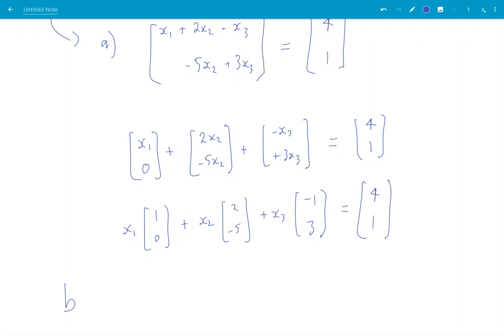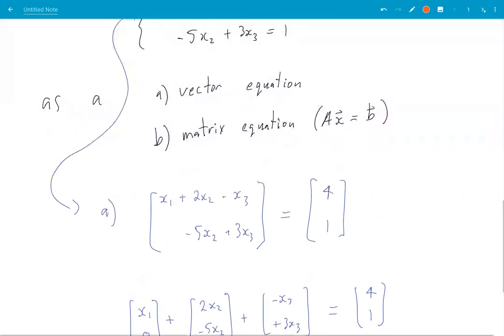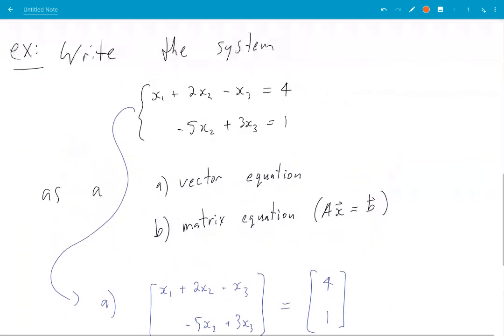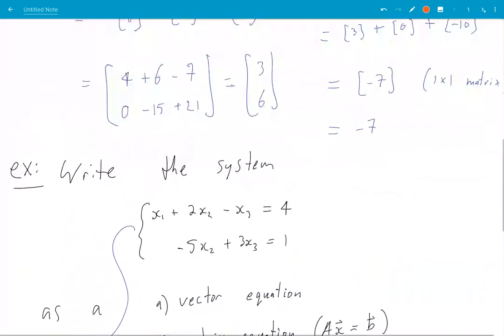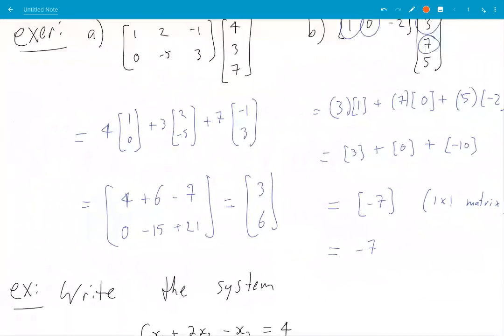Part B, we are going to do something very fancy. We're going to take this item here and say, doesn't it look like this guy here?